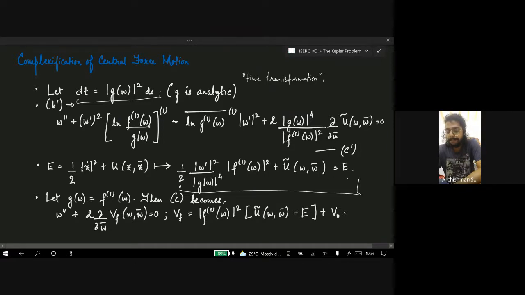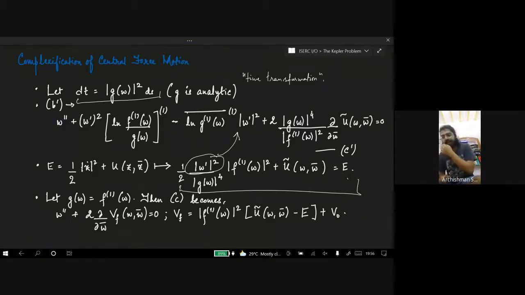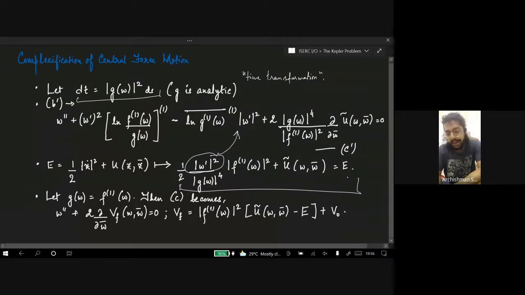And if you figure out what w prime squared is from this equation and plug it back in over here, wherever you find a w prime squared, and then you'll need to take some terms common, some terms separately, and you'll find that a lot of stuff gets cancelled. And you prescribe that G(w), which I hadn't prescribed till now, is F1 of w.